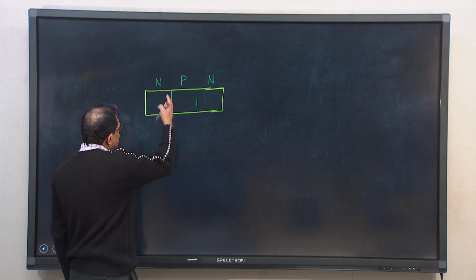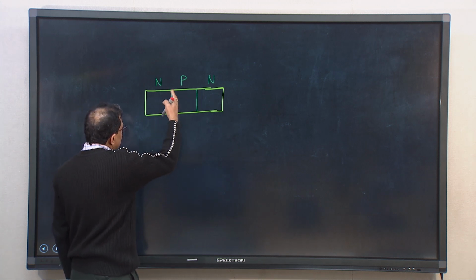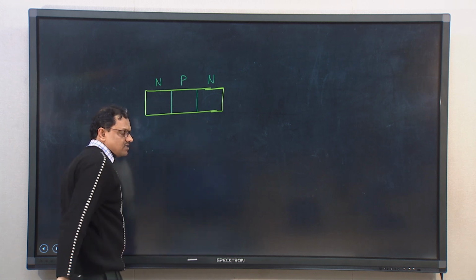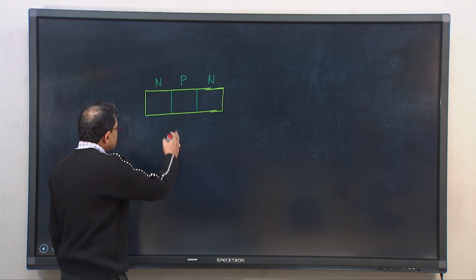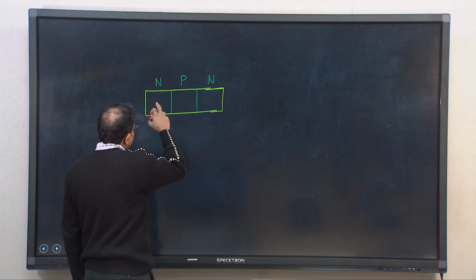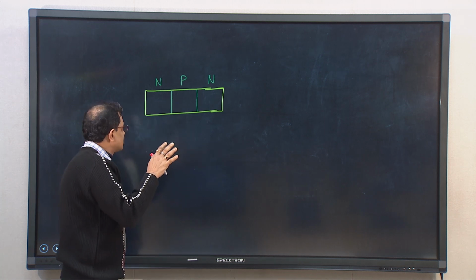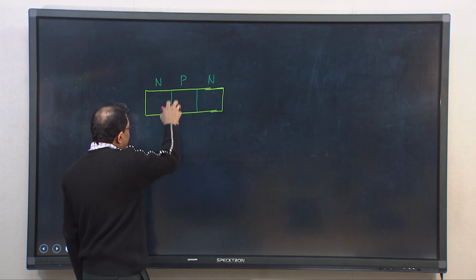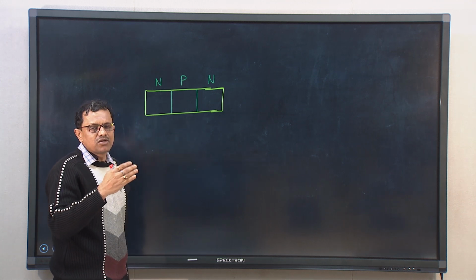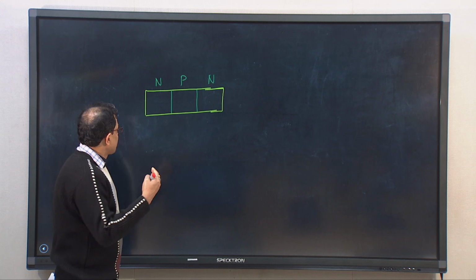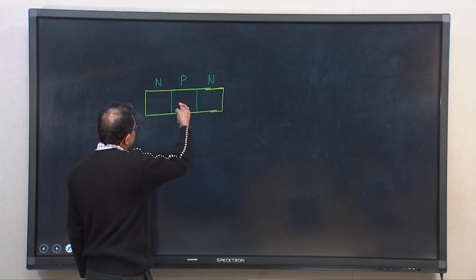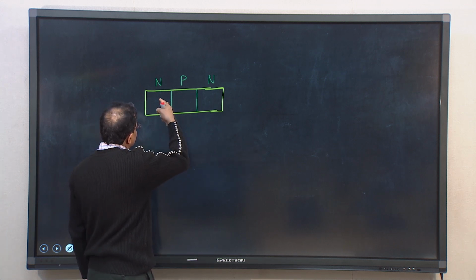So, now when this NPN type is there, then electrons will try to migrate, and this junction will form, essentially there will be some sort of equilibrium. So, holes will migrate from p to n and electrons will migrate from n to p.